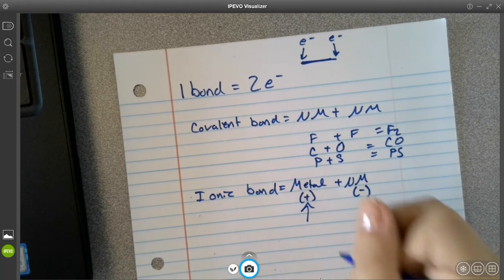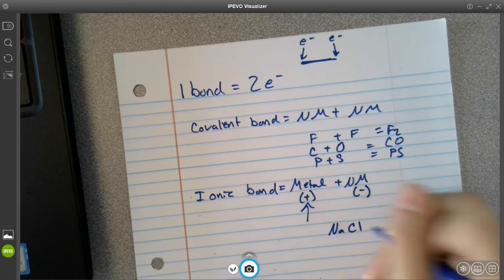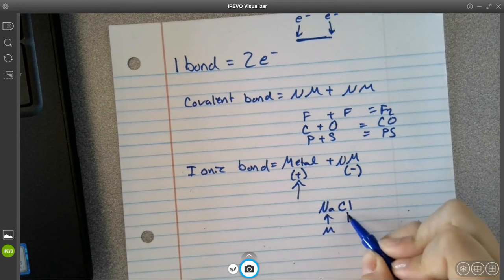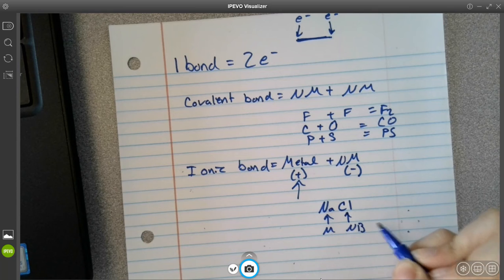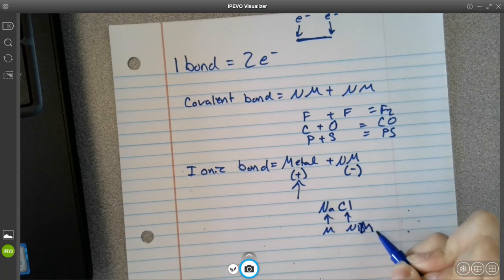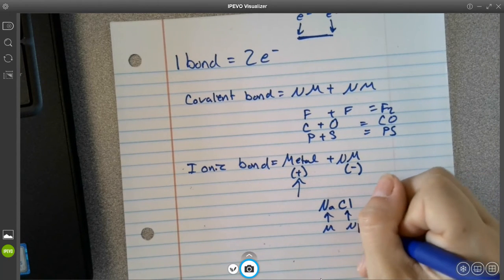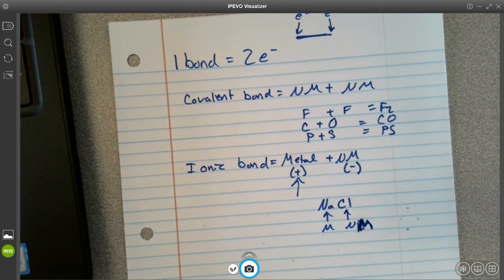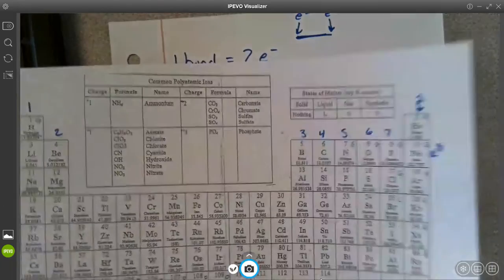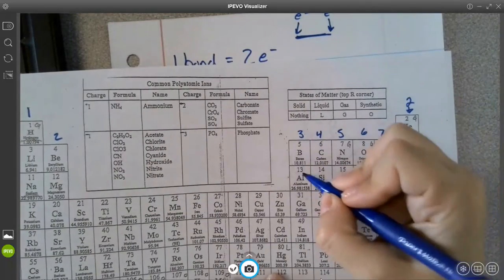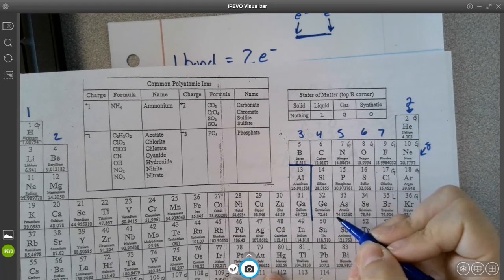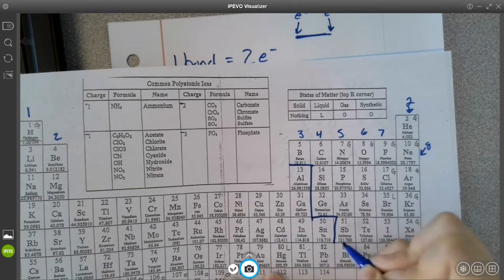And so ionic bonds are going to be like sodium chloride. Sodium is a metal, and chlorine is your nonmetal. I have no idea why I wrote a B there. So Nb, nonmetal. And again, this is going back to our periodic table. Remember where we had our staircase of metalloids?